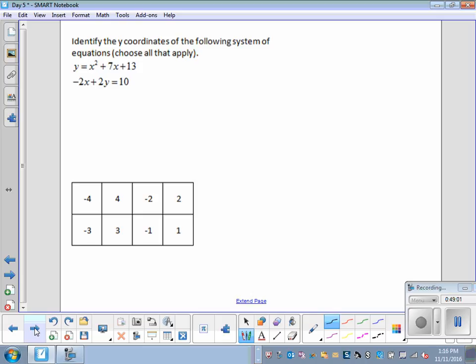This one says identify the y coordinates. So if we're trying to get the y's, I know how we can set them equal to each other. Add the 2x over to the other side and then divide by 2, and then you've got y equals negative x plus 5, and then you can set those equal to each other.